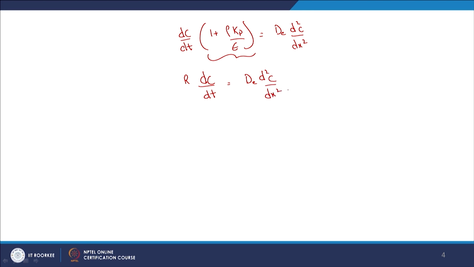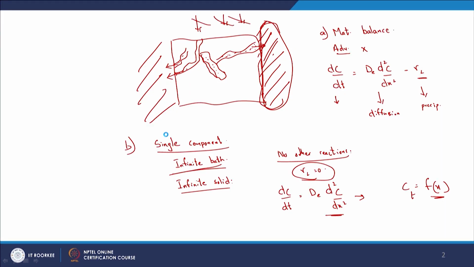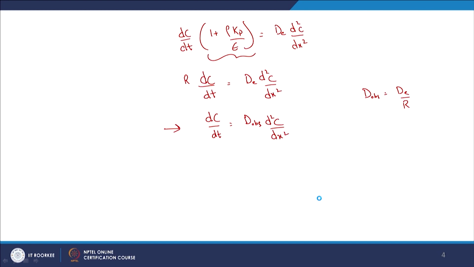And now maybe it seems familiar to the case when we looked at natural attenuation and tried to model the relevant scenario. So, now I am left with dC by dt equal to D observed times the second derivative, where D observed is obviously D effective divided by R. So, again this is similar to what we already had earlier, but instead of the effective diffusion coefficient or dispersion coefficient, we have the D observed.